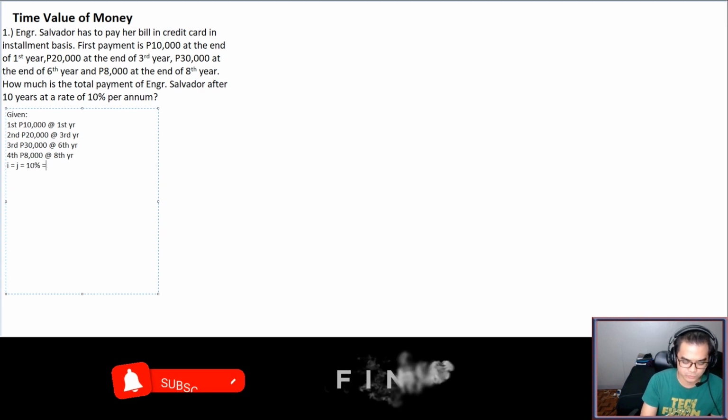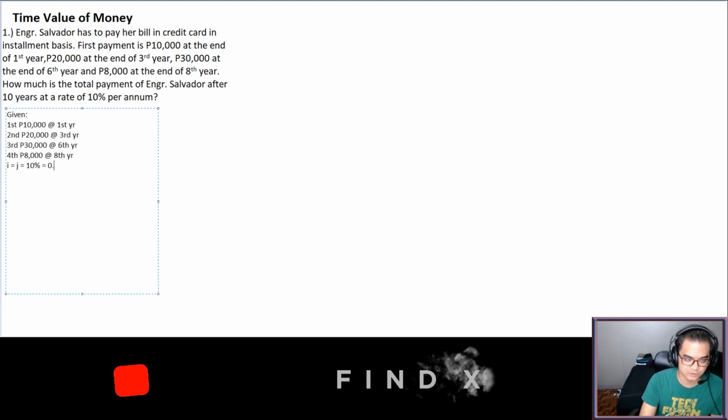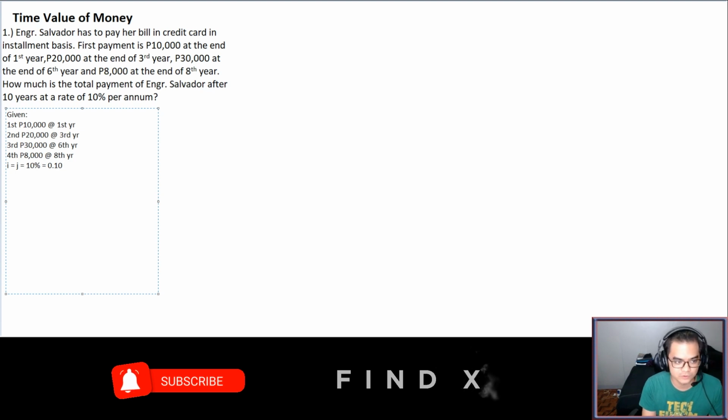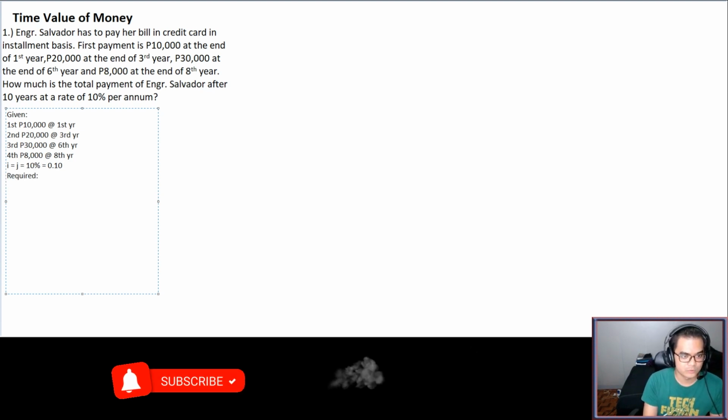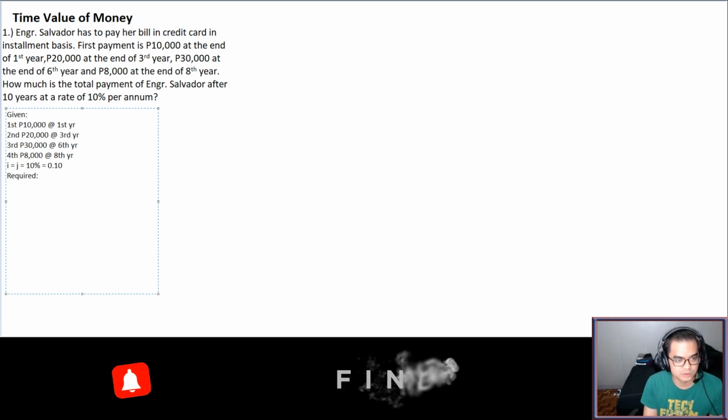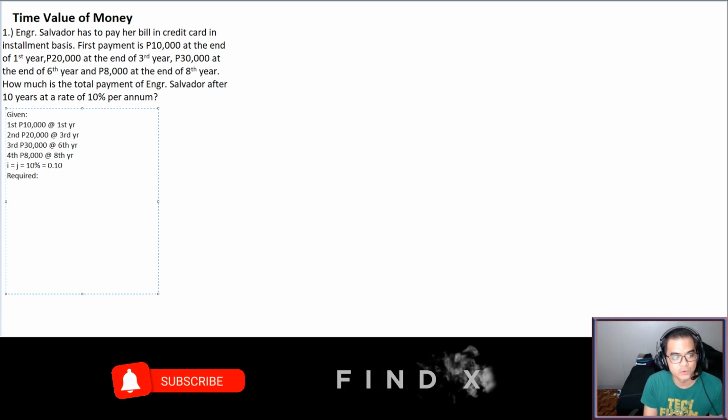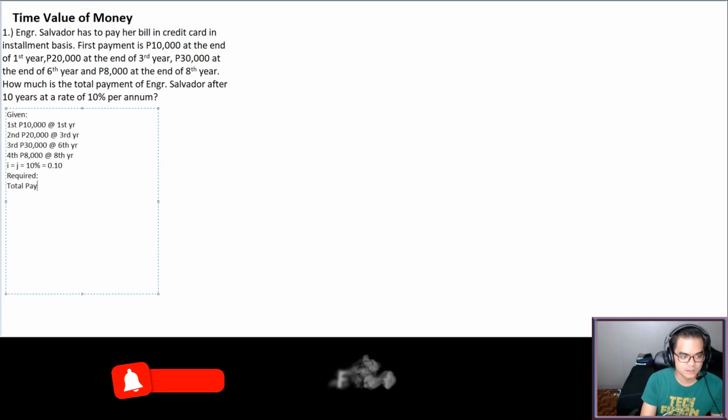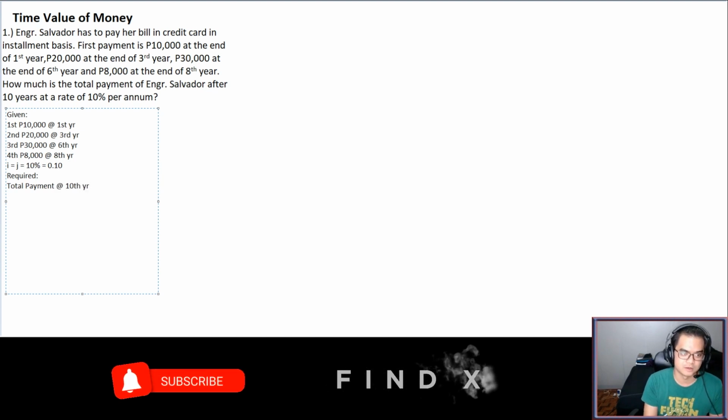But of course, you won't be using the 10%, you will be using the 0.10 value. What is required? We are required to find how much is the total payment of Engineer Salvador after 10 years, so the total payment at the 10th year.